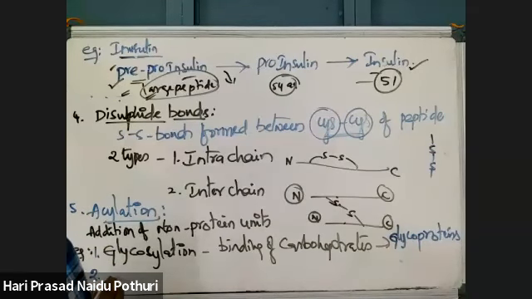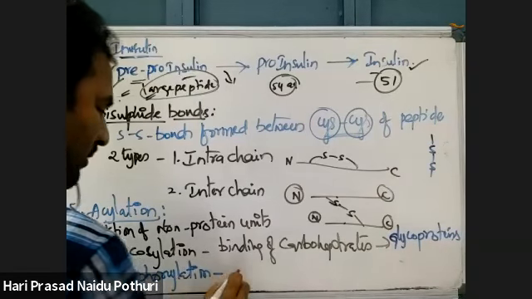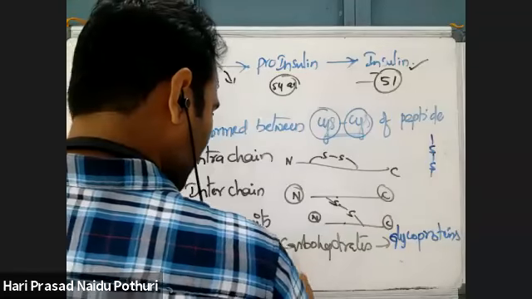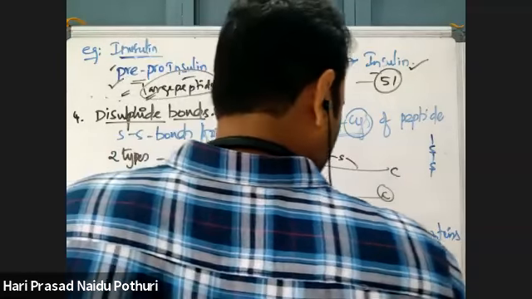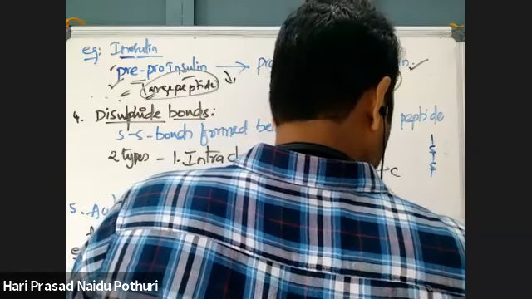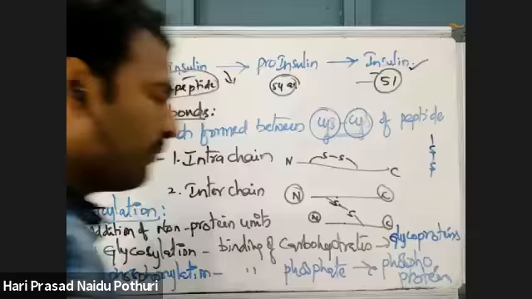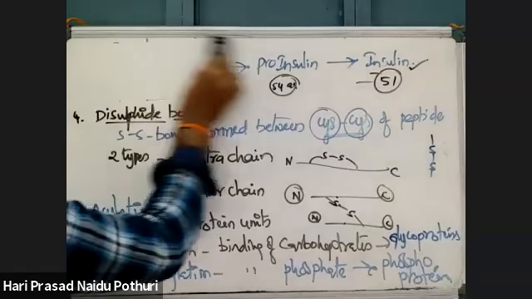And phosphorylation. Phosphorylation means binding of phosphates. If phosphate groups are bound, then there is the formation of phosphoprotein. Proteins may combine with the phosphate group and form phosphoprotein.